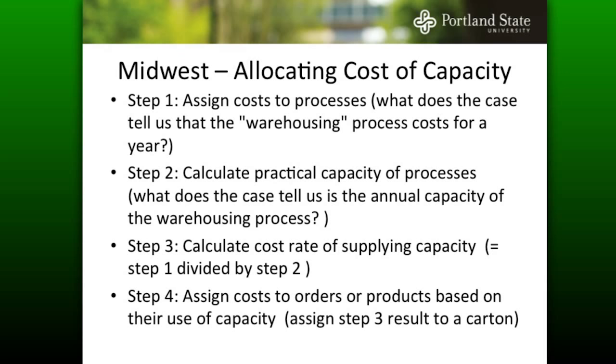Essentially, step 1 divided by step 2. And then Kaplan's 4th step is we can then assign costs to specific orders or products based on their use of that capacity. In this case with warehousing, we would be striving to assign the cost rate from step 3 to a particular carton that's cycling through the warehouse.